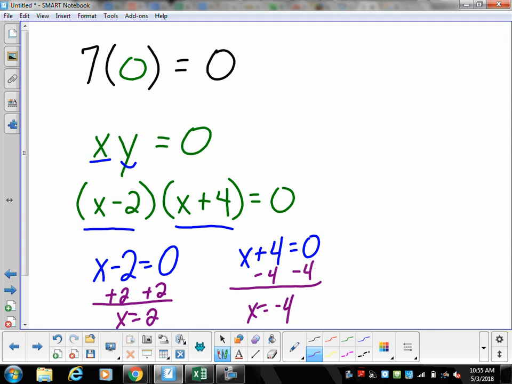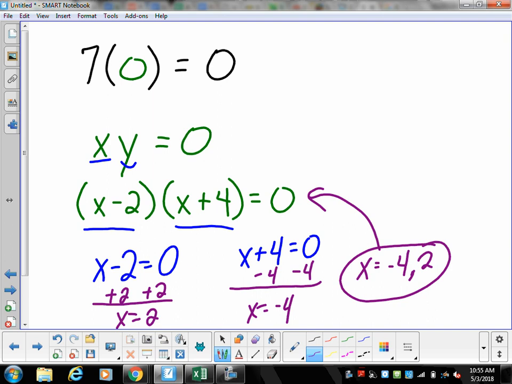And so normally what you end up having, negative 4 and 2. So my solution ends up being x equals negative 4 and 2, because both of these numbers would make this expression equal 0. Okay.